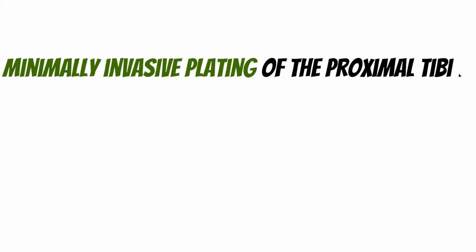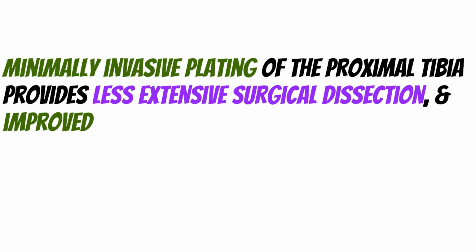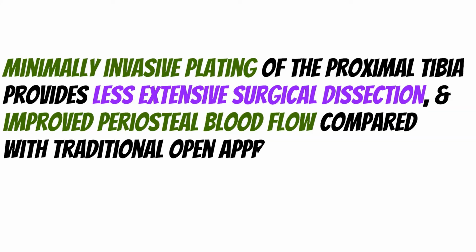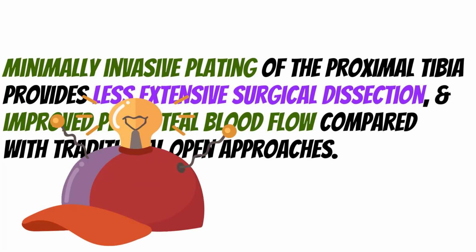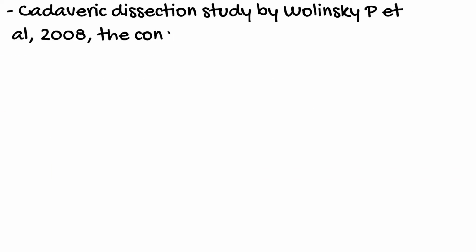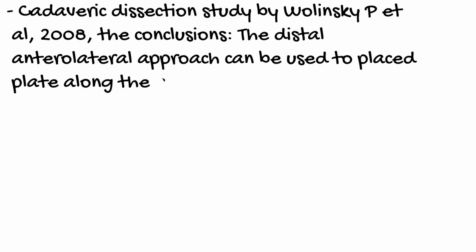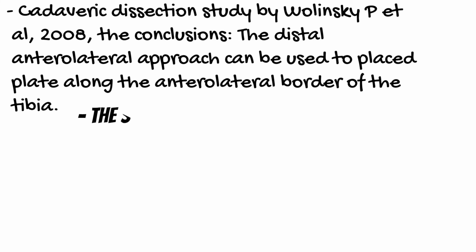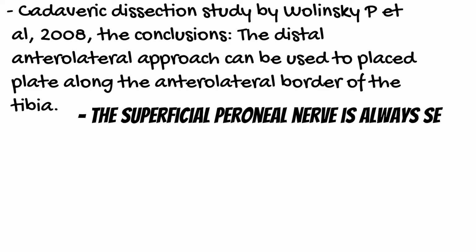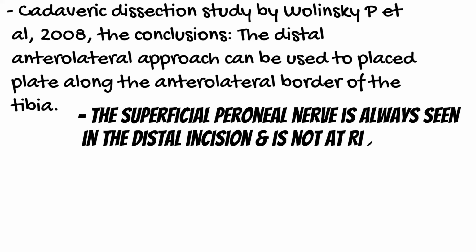Minimally invasive plating of the proximal tibia provides less extensive surgical dissection and improved periosteal blood flow compared with traditional open approaches. Cadaveric dissection study by Wolinsky et al., 2008, the conclusion: the distal anterolateral approach can be used to place plates along the anterolateral border of the tibia.